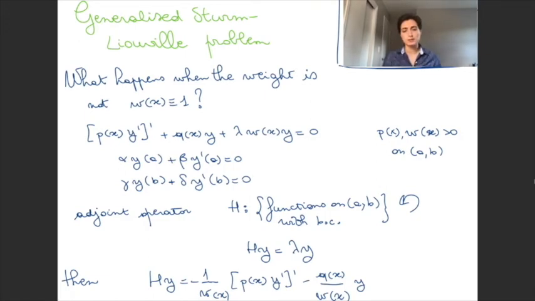So last week we have seen that we can just define it as minus (p times y prime), all of it prime, minus q times y. Why do we need to divide everything by w? Well, the reason is because solving Hy equals lambda y is much easier than solving Hy equals lambda w y.